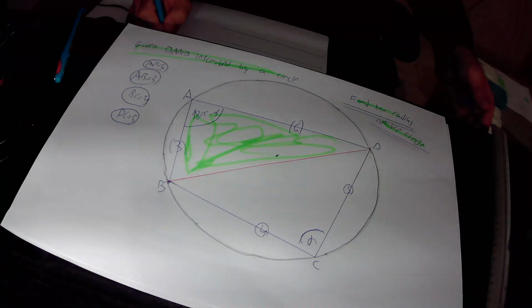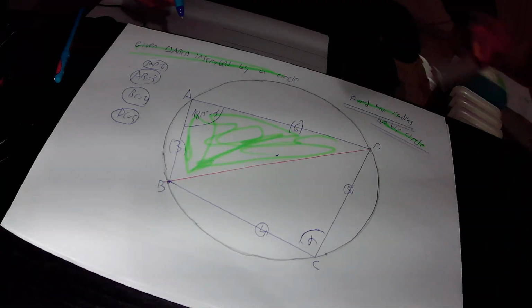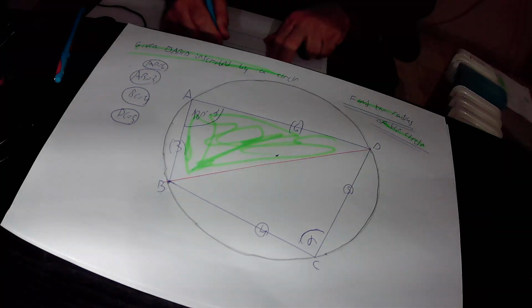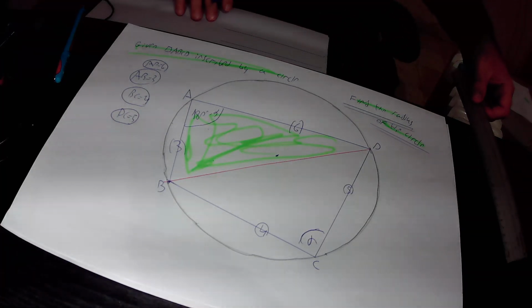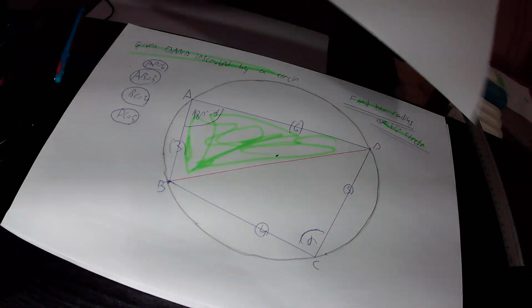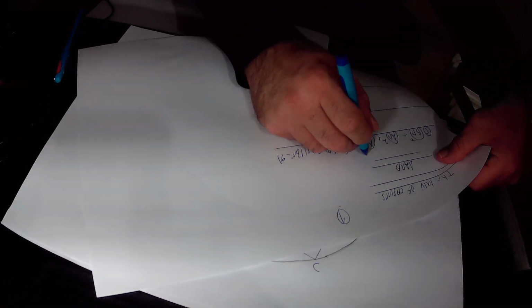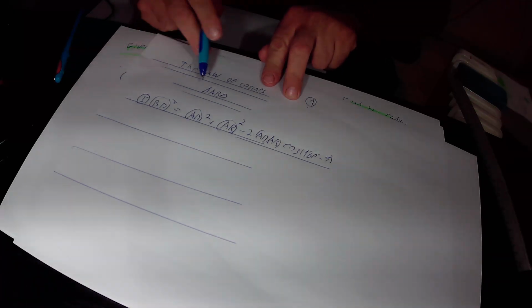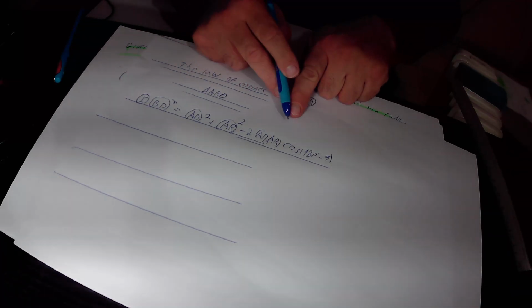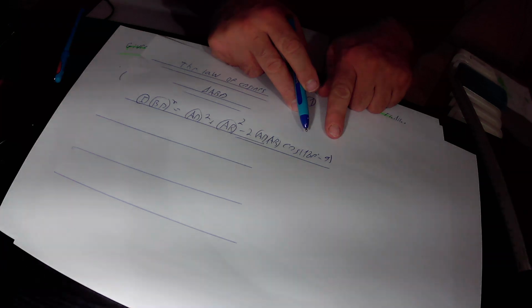And again, according to the law of cosines in this triangle ABD, the following equation is true: BD squared equals AD squared plus AB squared minus 2 times AD times AB times cosine 180 degrees minus alpha.